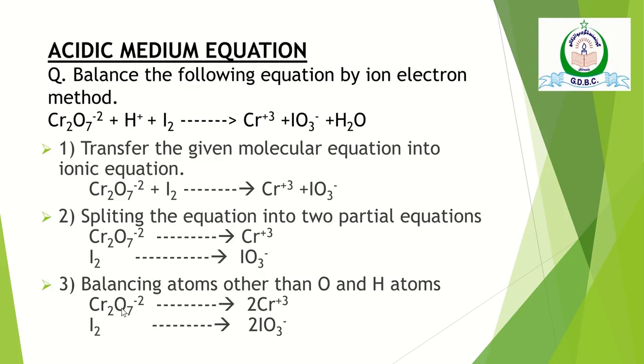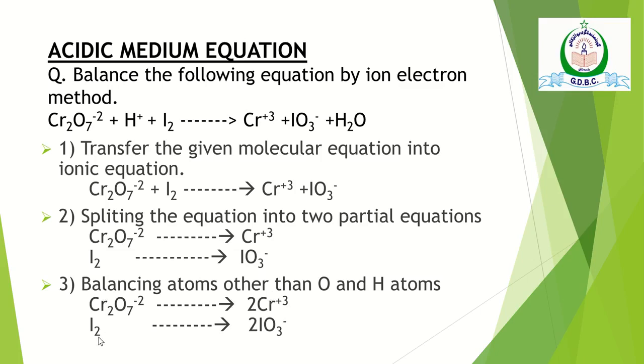so in equation number 1, here we have 7 oxygen atoms on reactant hand side, but we have no oxygen atom here on the product hand side. So I need to add 7 water molecules here on the product hand side in this first equation.